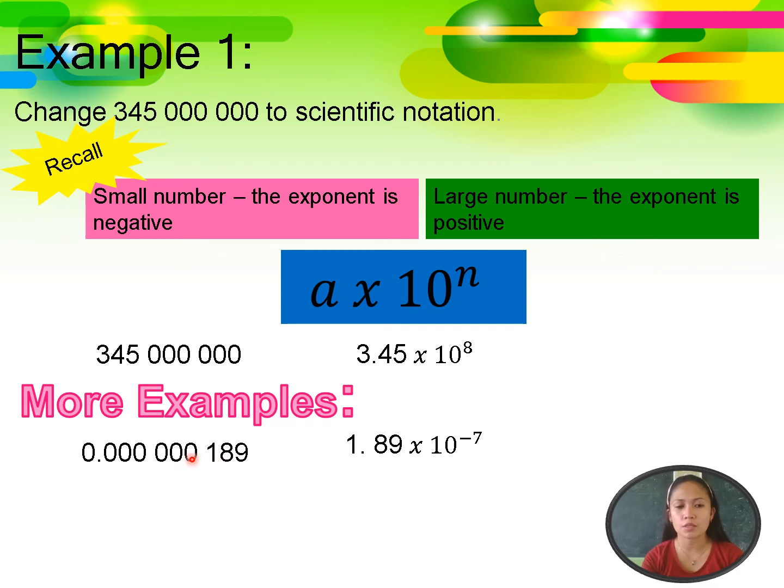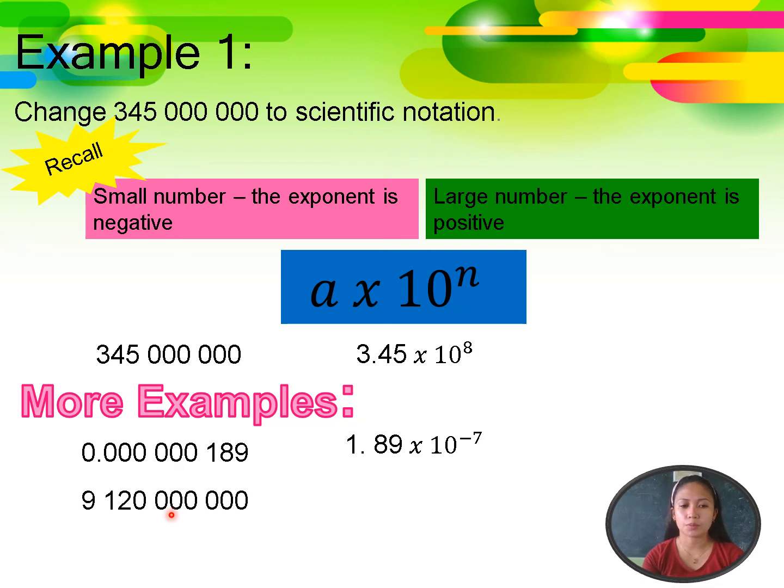And remember that zeros in front of the non-zero digits are not significant. So we have here 1.89 times 10, the constant. And where did we get negative 7? So we have here 1, 2, 3, 4, 5, 6, and 7. So it's the number of movements, and it is negative 7 since it is a very small number.